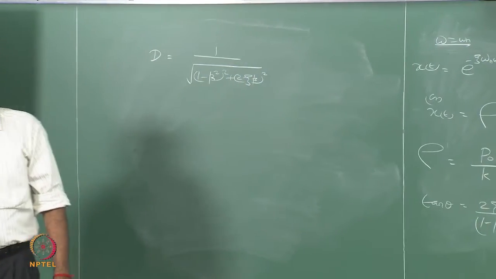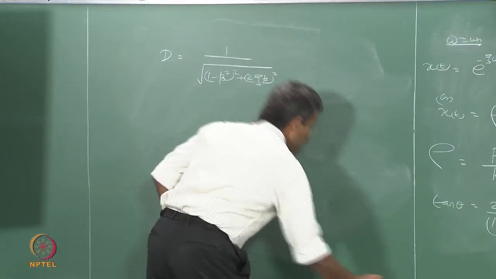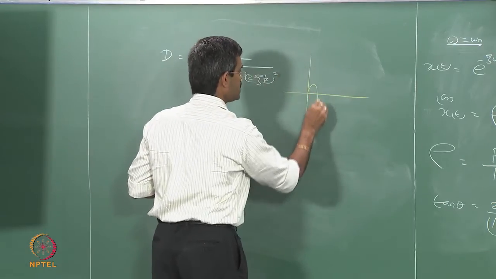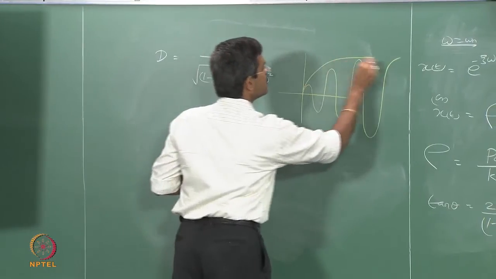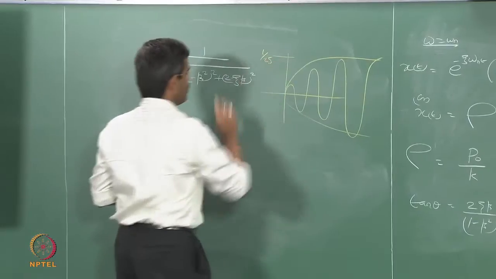We also understood that even at omega equals omega n, the response builds up, no doubt, and it is bounded at 1 by 2 zeta.